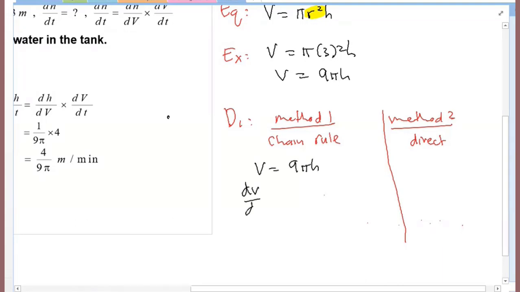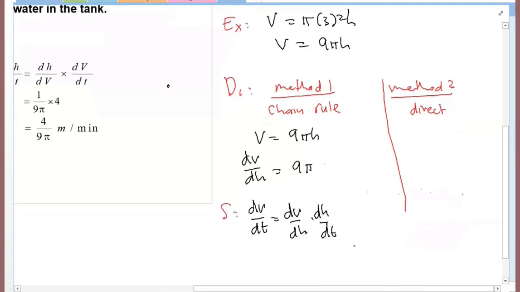Differentiate V with respect to H, 9 pi, and then solve. dV/dt is equal to dV/dH times dH/dt. We are going to find dH/dt.